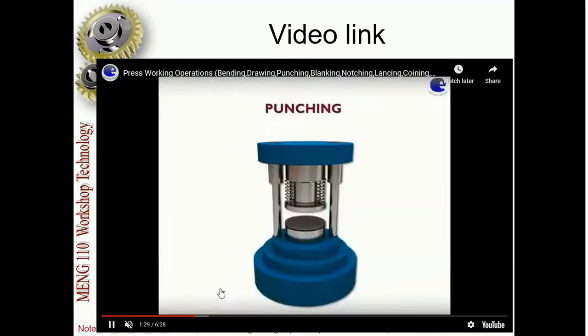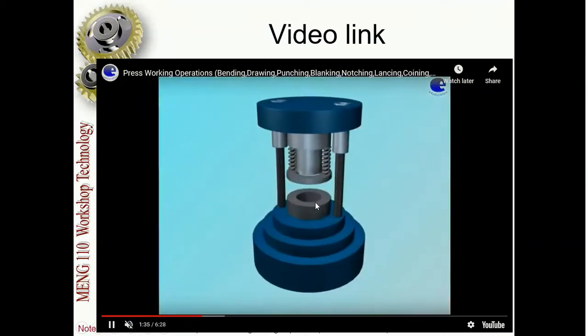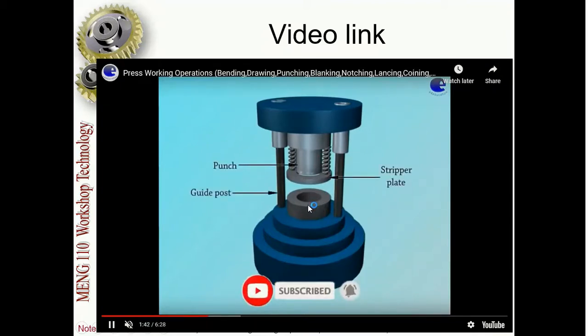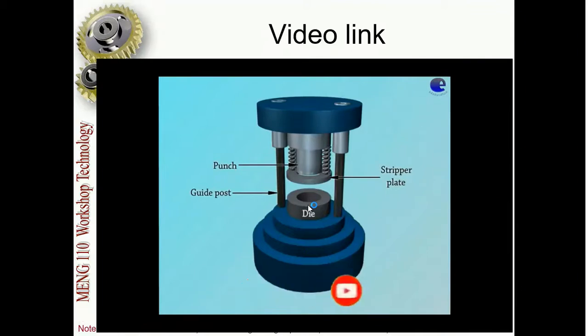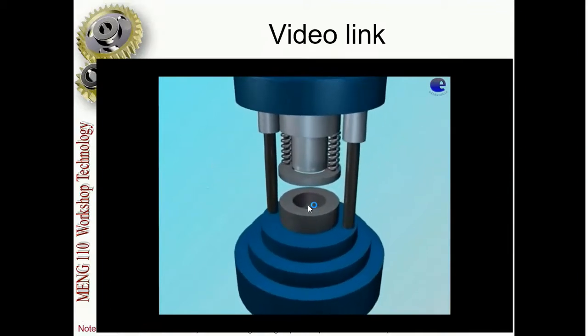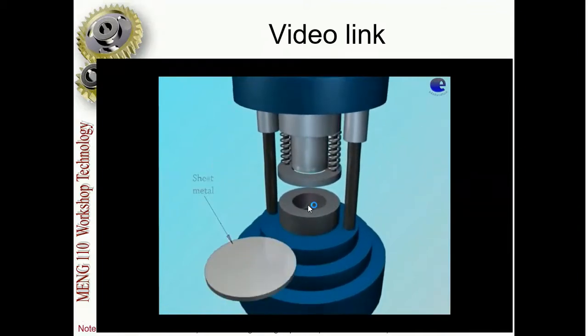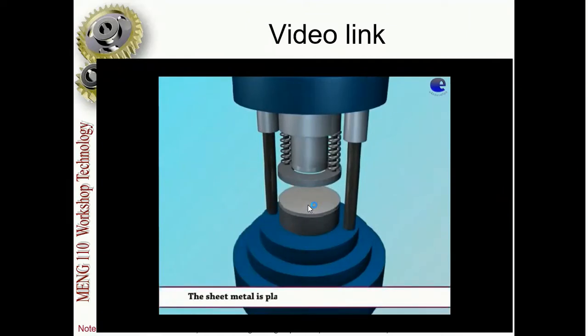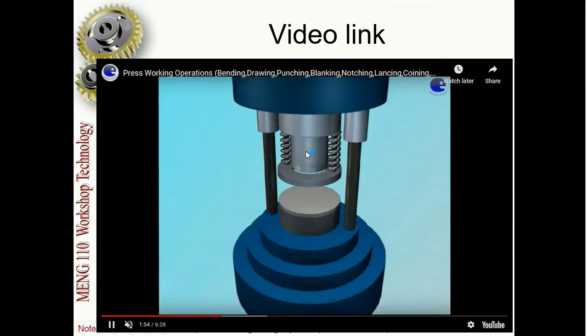See here, we'll look at how it works. Punching, this is a press machine. Below this is the die in which a hole is there. On this die we will keep the sheet metal. The sheet metal will be kept here, and this is the punch.